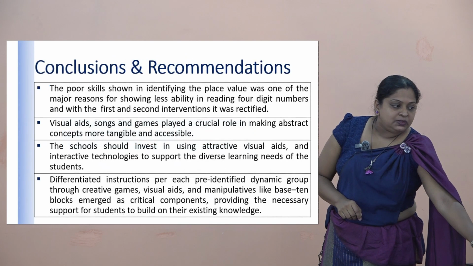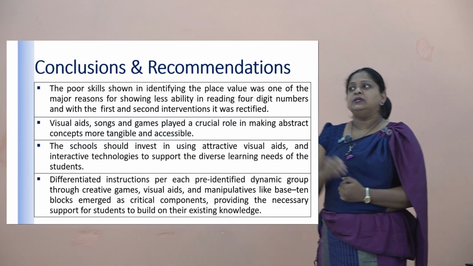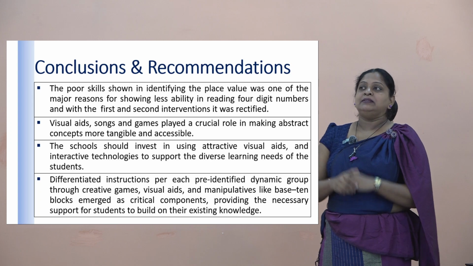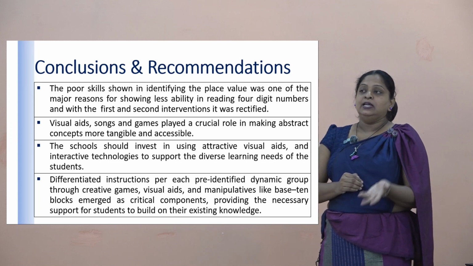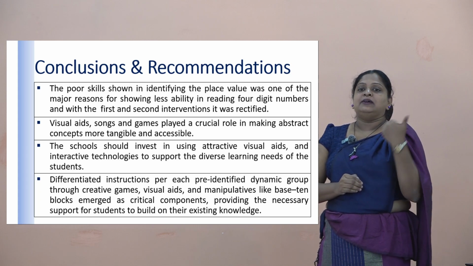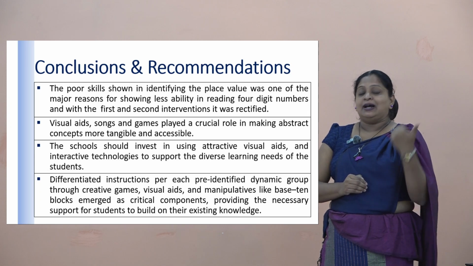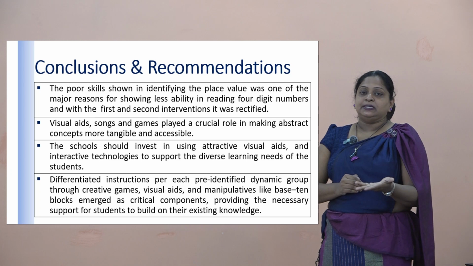When it comes to the conclusion and recommendation, what I found was that the poor skills they showed in reading numbers were because they couldn't understand the place values clearly. I could rectify this with my first 2 interventions. Once they were given the chance to understand the place value, they began to read out the numbers properly.